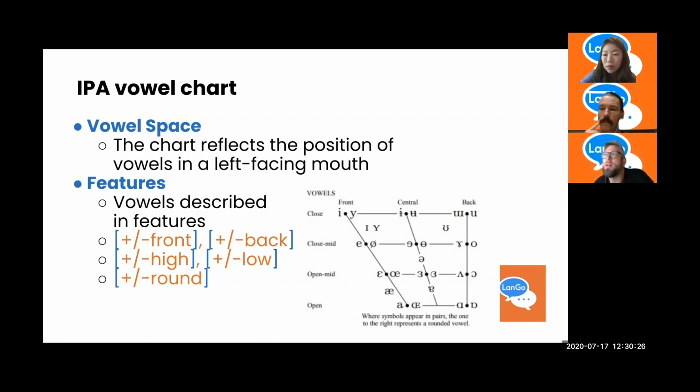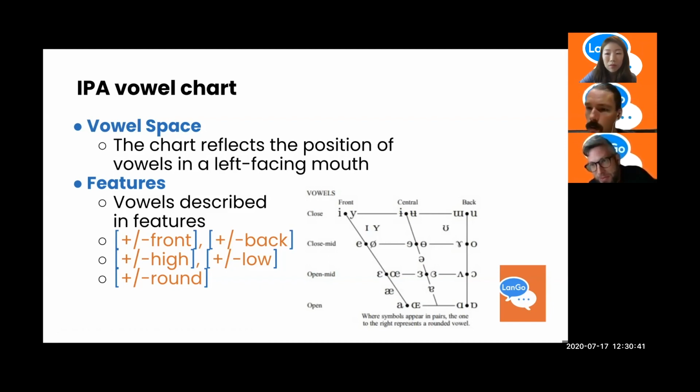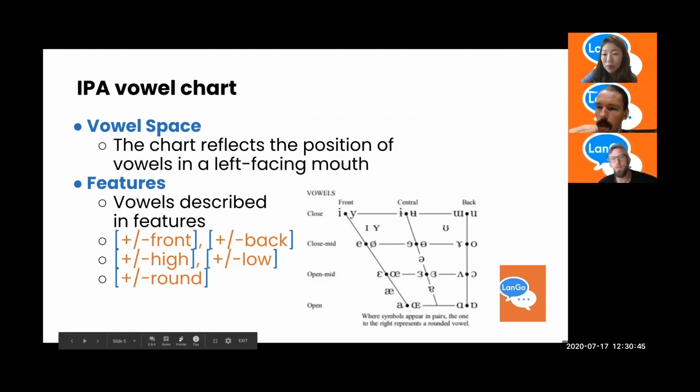When we talk about a sound that's made in the front of the mouth, it has also to do with tongue position, but it might be easier to just think about the sound existing in that point in your mouth. So a high vowel is at the top of your mouth, and a front vowel is at the front of your mouth. Now, on the next slide, maybe we should break it down. So high refers to position of the jaw.